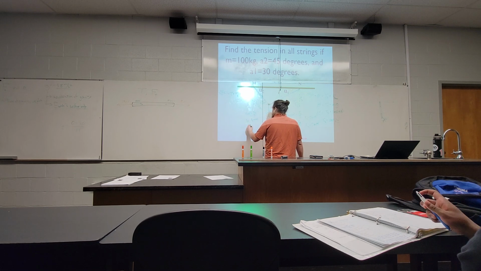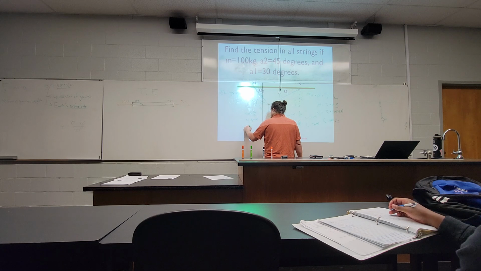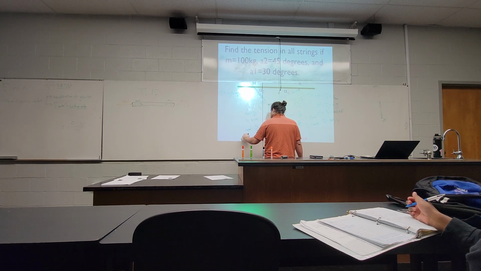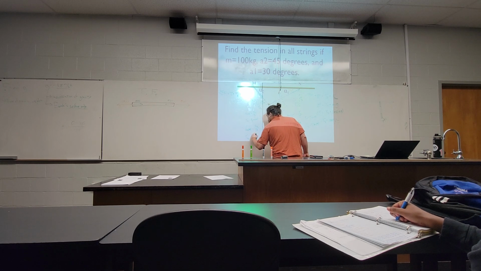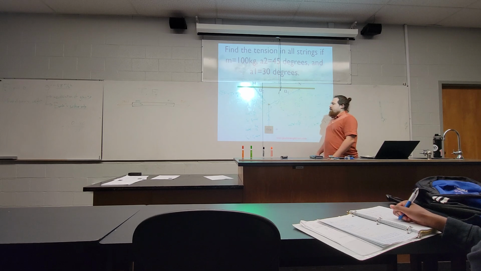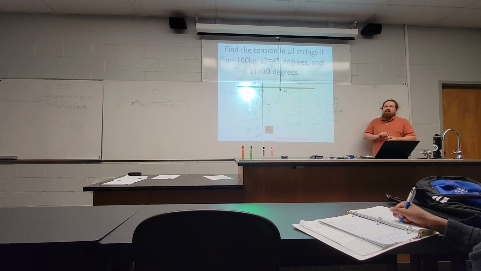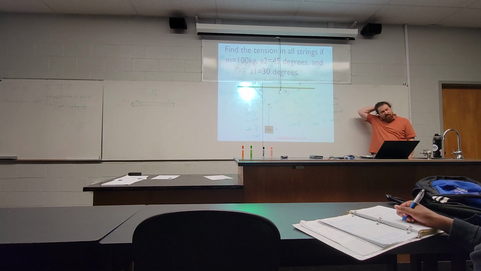Meanwhile, cosine 45 would be T2x over T2, therefore unknown T2x is unknown T2 times, I almost wrote sine again, cosine of 45. That said, whatever number T2 is, the two legs of T2 would be the same, because that's how 45-degree right triangles work.